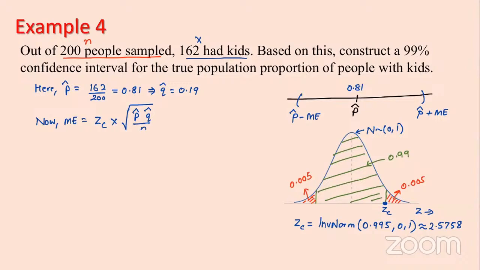Now, the next step is to plug Z critical into the equation for margin of error and calculate it. So let's plug in the values. The margin of error will be equal to 2.5758 times the square root of P hat 0.81, Q hat 0.19, over N 200.